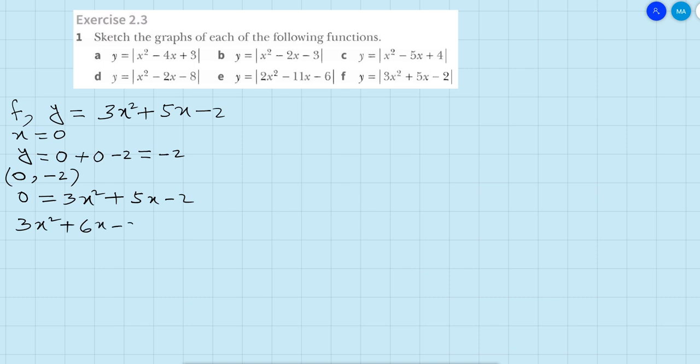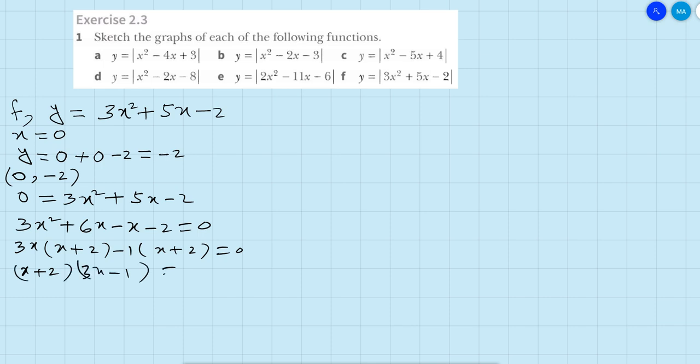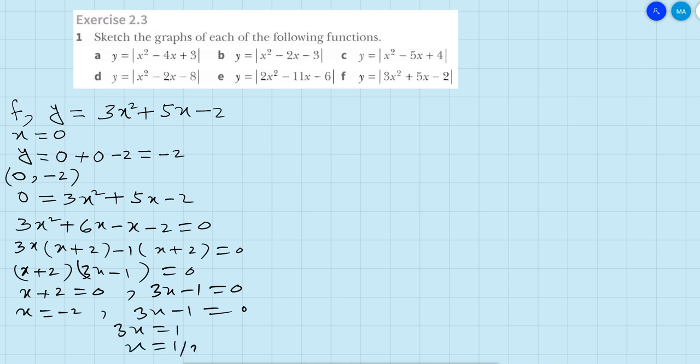0 is equal to 3x squared plus 5x minus 2. 2 threes are 6 and 6 ones are 6. 6 minus 1 is 5. So factorization is possible. 3x squared plus 6x minus 1x minus 2 is equal to 0. 3x is common, x plus 2, minus 1 is common. x plus 2 and 3x minus 1 is equal to 0. x plus 2 is equal to 0, so x is equal to minus 2. 3x minus 1 is equal to 0, 3x is equal to 1, x is equal to 1 upon 3, or you can write 0.3333 and so on.